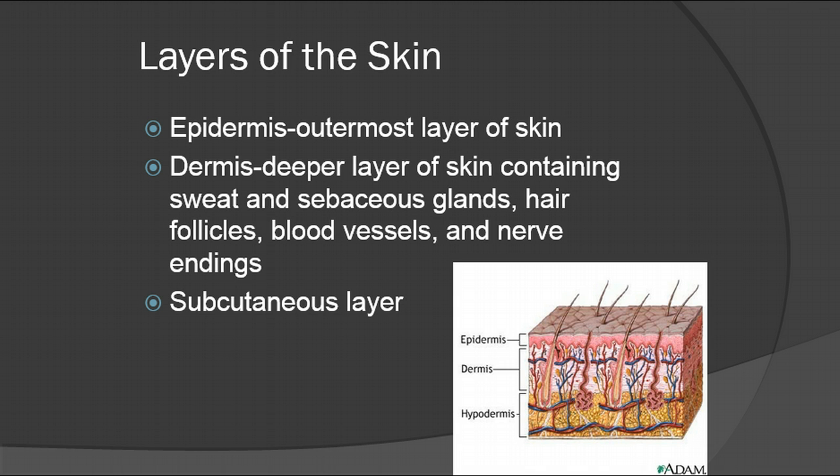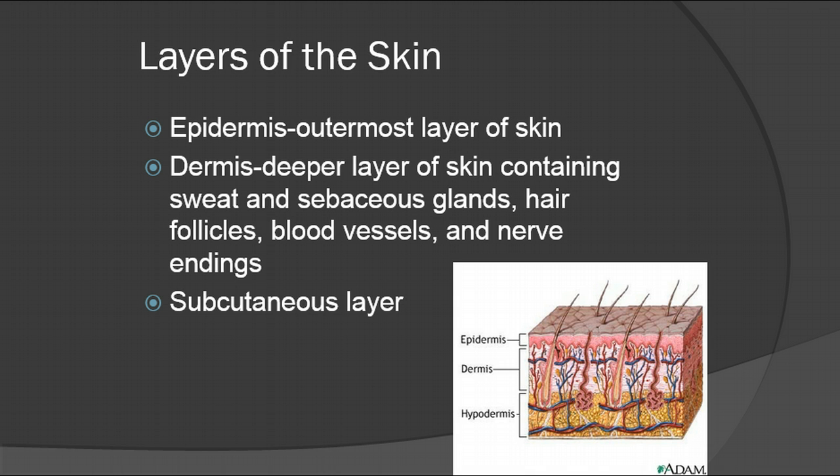The dermis is the area just beneath it that contains most of the functioning processes of the skin. So you have sweat glands, you have various different arterioles and venules in there, and small nervous system tissue.